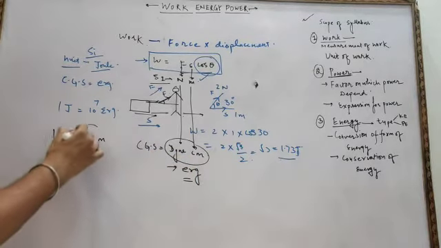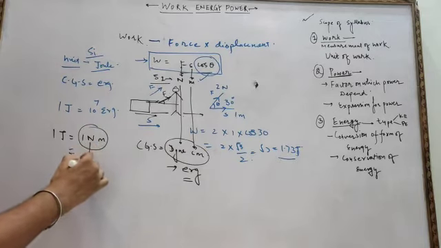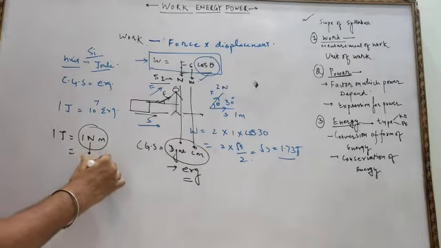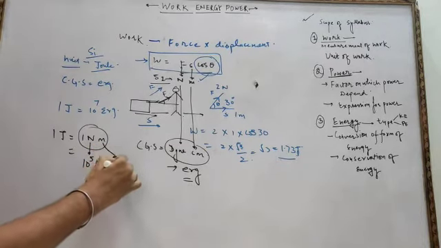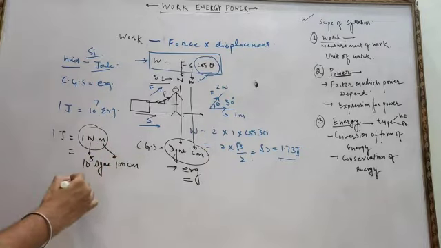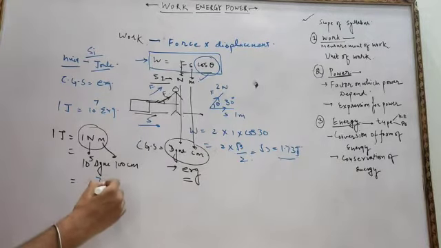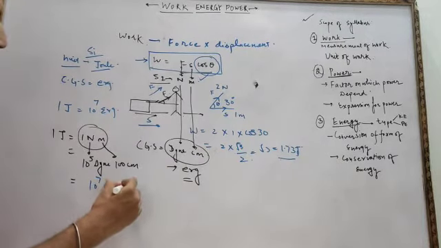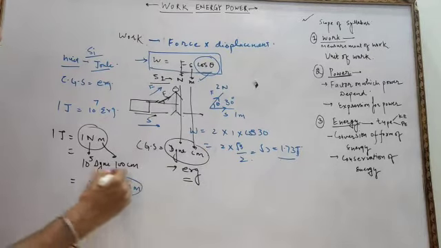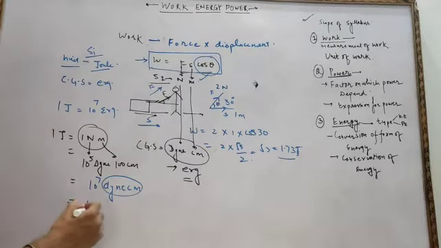So 1 Newton equals 10 to the power 5 dyne and 1 meter equals 100 centimeter. So 1 joule can be written as 10 to the power 7 dyne into centimeter, and this dyne into centimeter can be replaced by erg.